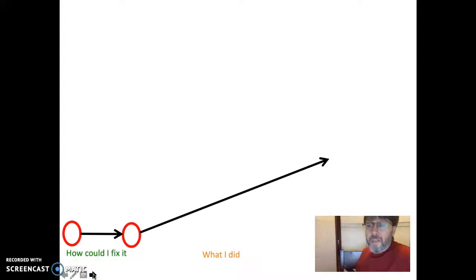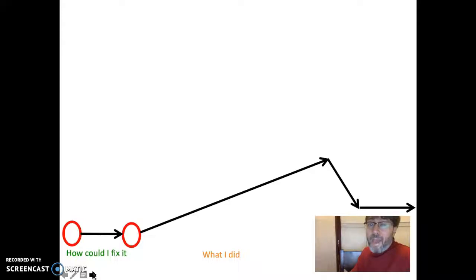Then in your method section, you're going to tell the reader what did you and your team do about that gap. And then you're going to tell the story of what happened when you applied those methods. So that's the results section. And then, so what? What does it matter for science and practice because of your project?